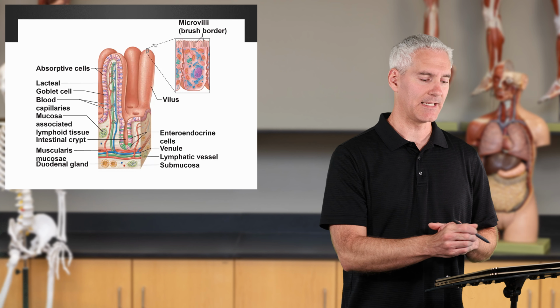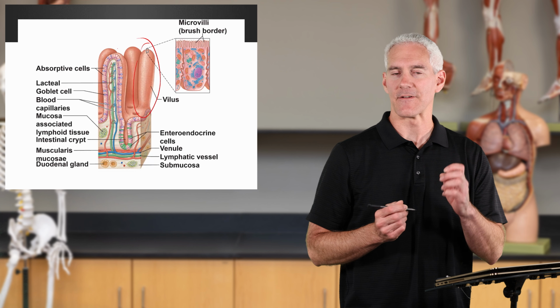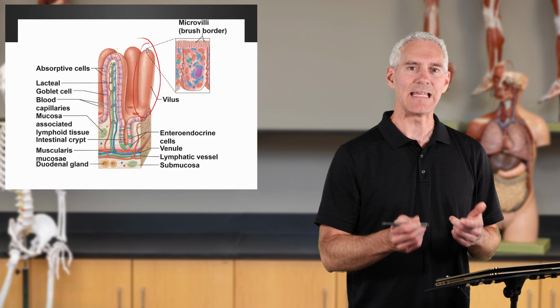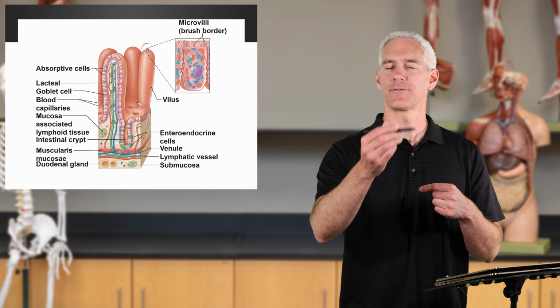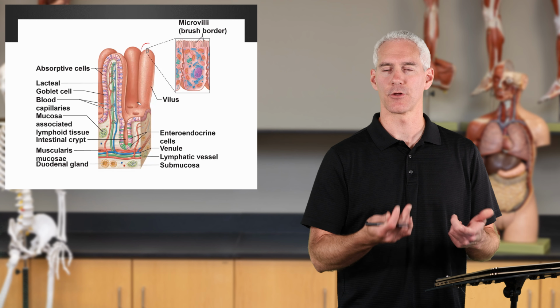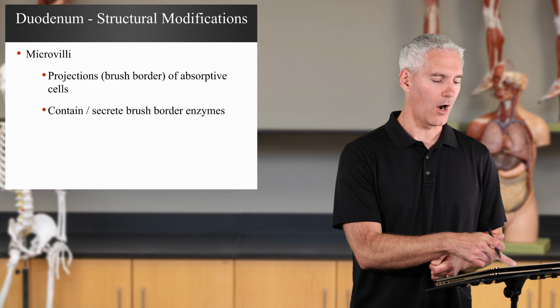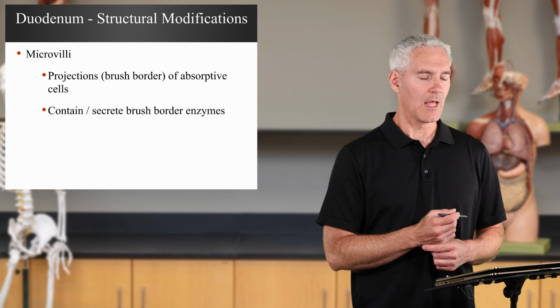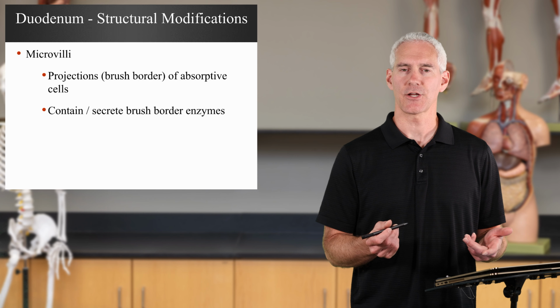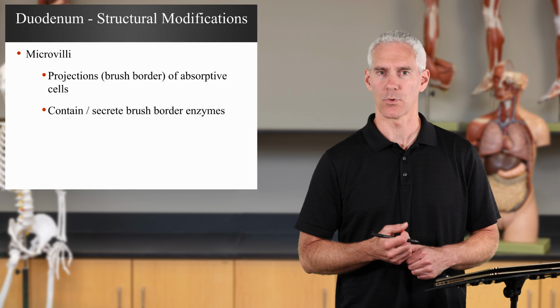Then the villi here, these finger-like projections, increase the surface area further, and then those circular folds help to increase it even further beyond that. All about trying to increase surface area. Now, these microvilli, these projections, are also sometimes called the brush border.